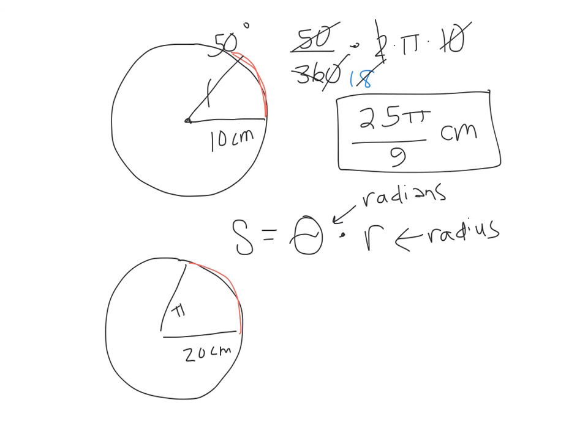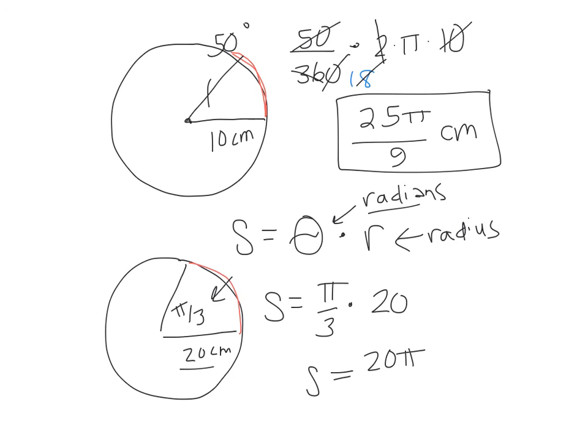And this is pi over 3 radians as the measure. So I just use my formula. S equals the measure in radians, which is pi over 3, times the radius, which is 20. So my answer is going to be 20 pi over 3 centimeters. It's a distance, so it needs to be in centimeters.